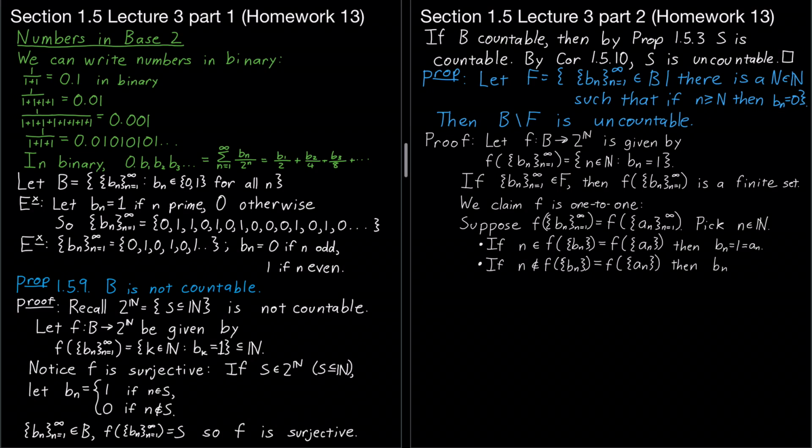Then Bn is 0, and so is An. So in either case, An is equal to Bn, and so our two sequences have to be the same sequence. If every term in two sequences is equal, they're the same sequence.